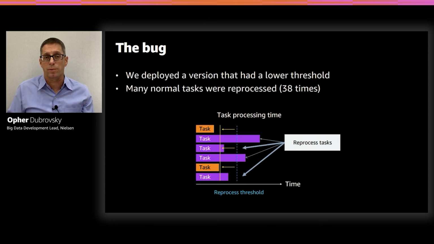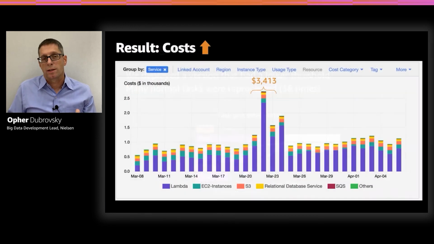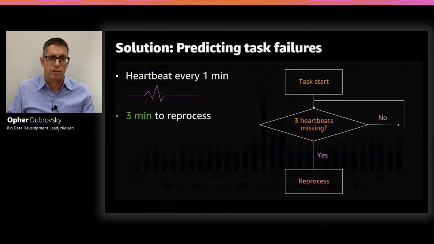Some of them ended up getting reprocessed 38 times. And this data then went to the dispatcher and would get sent 38 times to the partner platform. Obviously, that was very expensive and not a great situation to be in. The total cost we incurred from that was $3,400 from the time we deployed the code until we discovered and stopped it.